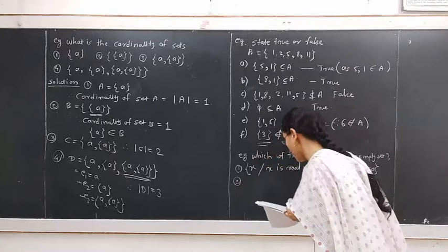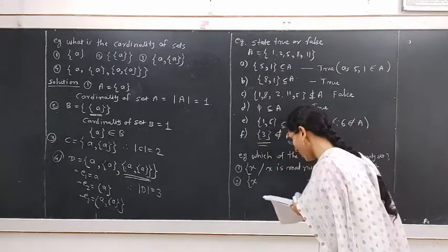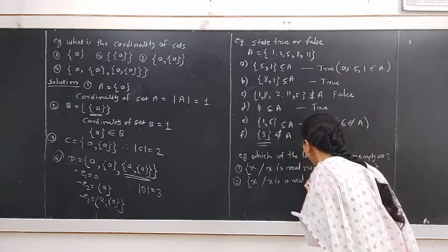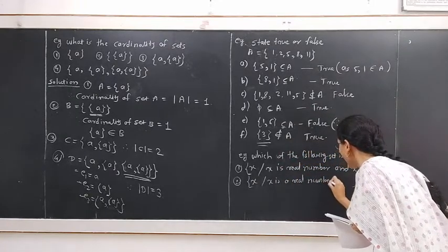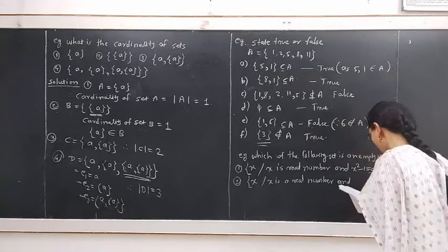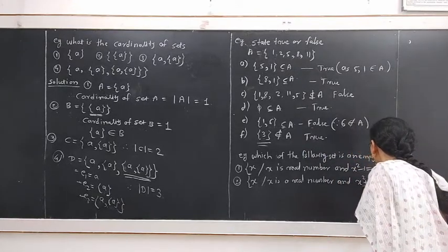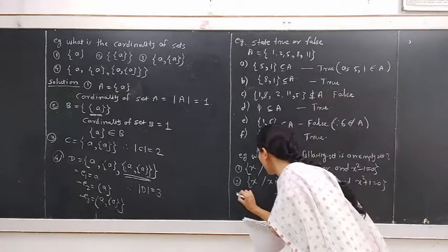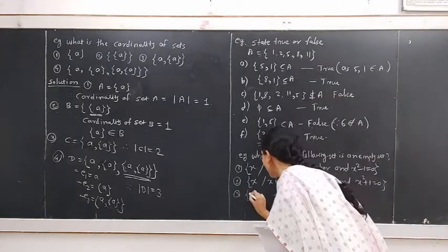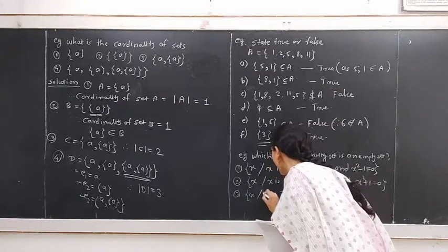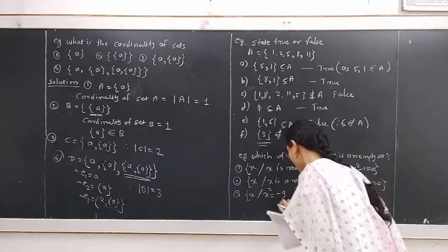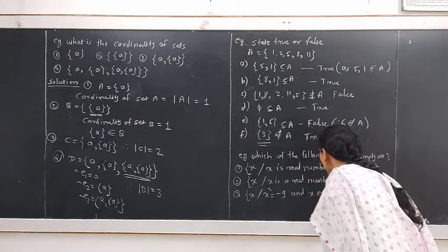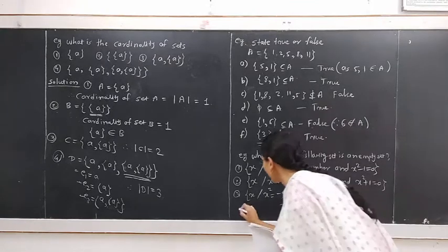Second, the set is given as the set of all elements x where x is a real number and x square plus 1 equal to 0. In the third statement, the set is given as the set of all elements x where x square is equal to minus 9 and x belongs to the set of real numbers.